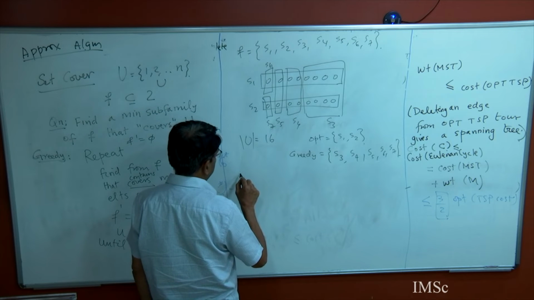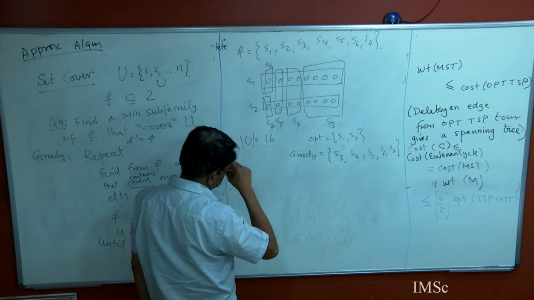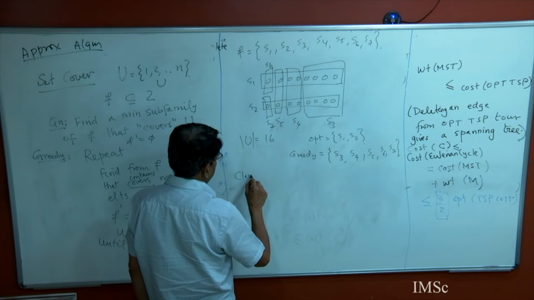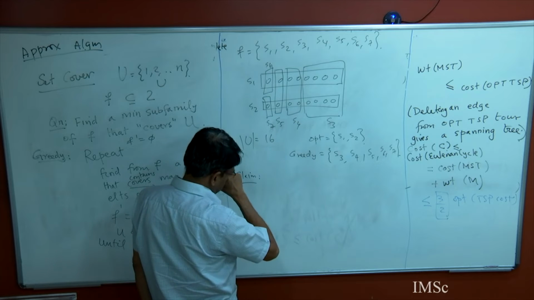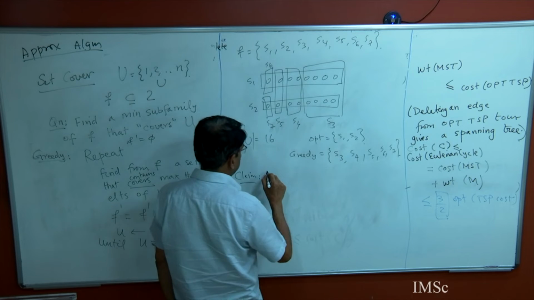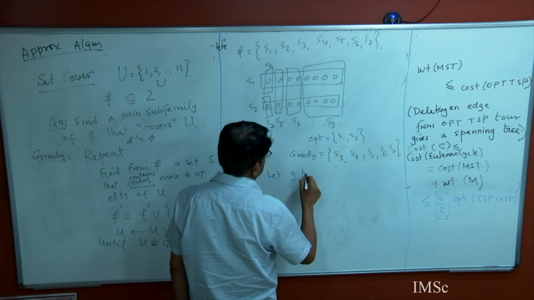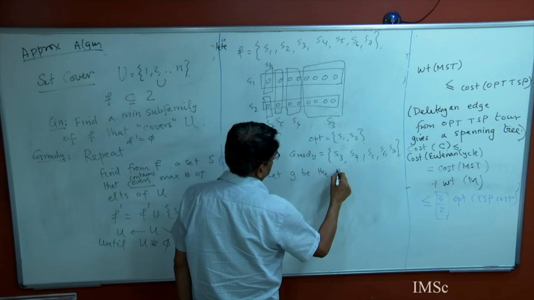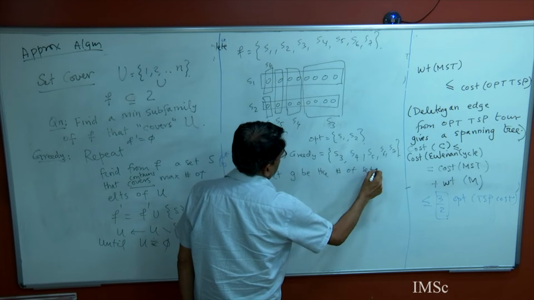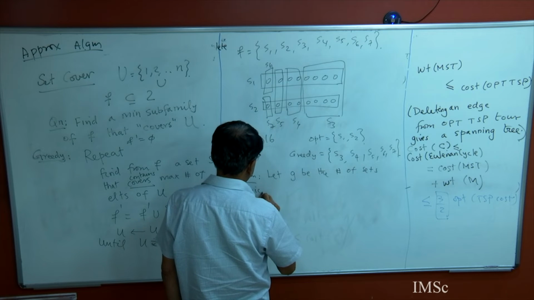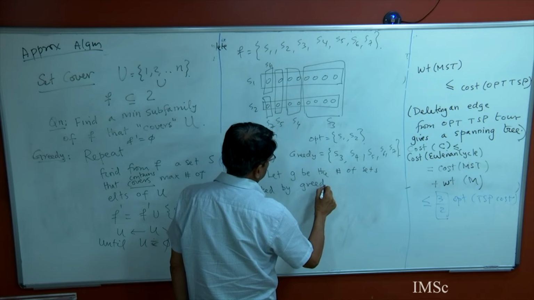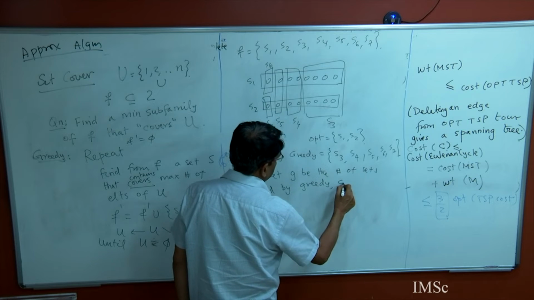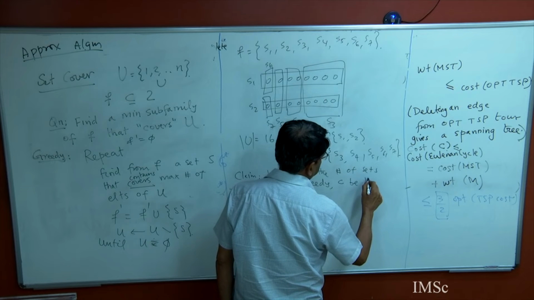Okay, so what is the claim? It's never worse than that. Let G be the number of sets picked by greedy, and C be the optimum.